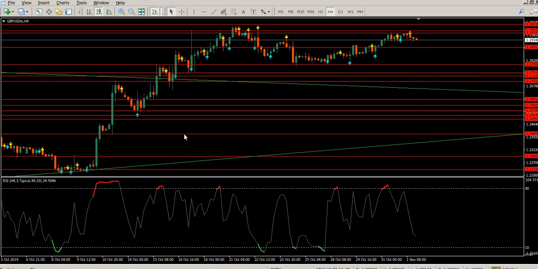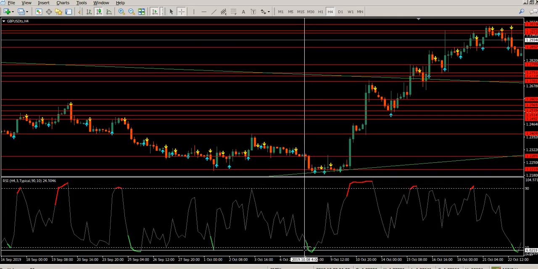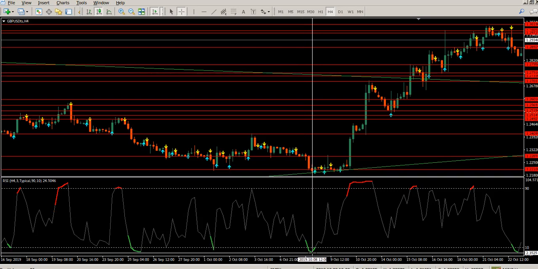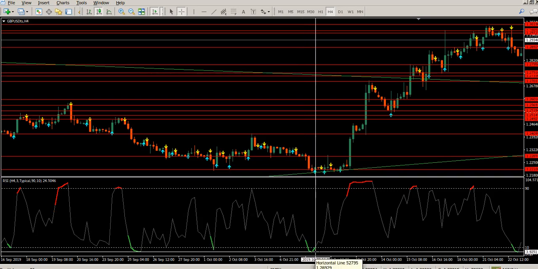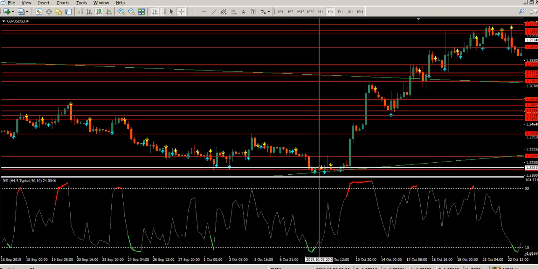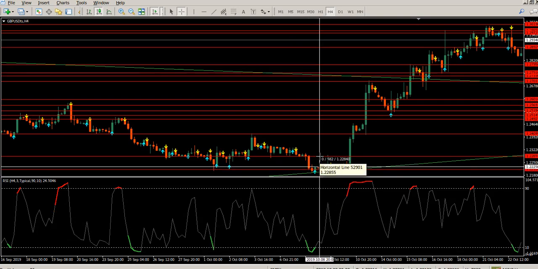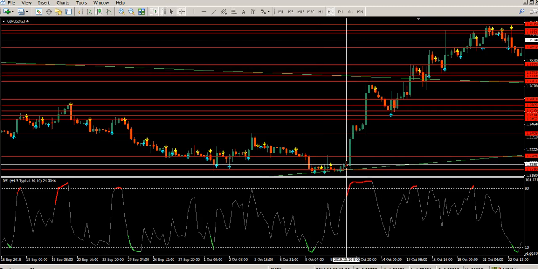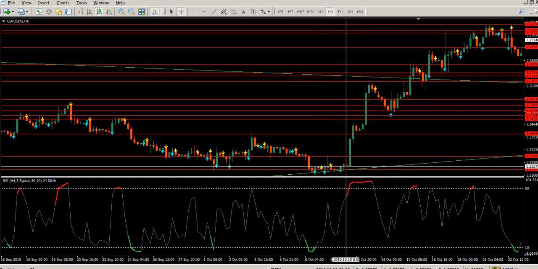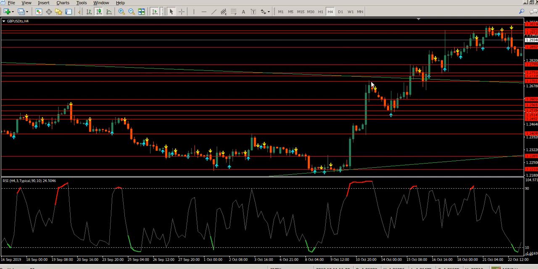You can see back over here, if we back up, price became oversold here and started to move up, and I got my entry trigger right off of that line, and I could have taken it right up here for 60 pips. The market found a lot of support here and ended up moving up for, good grief, 400 some odd pips.